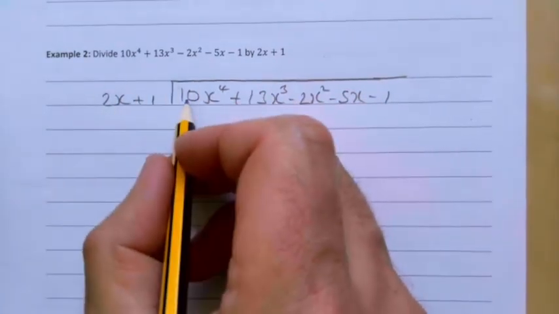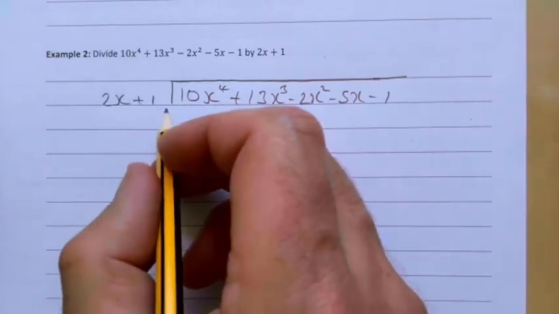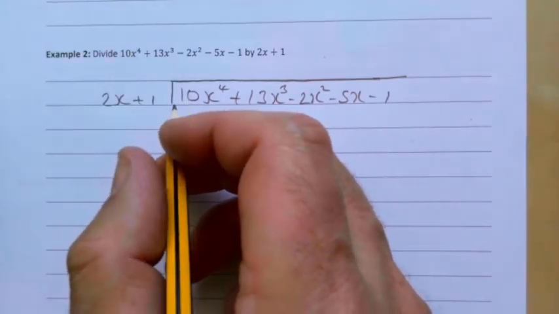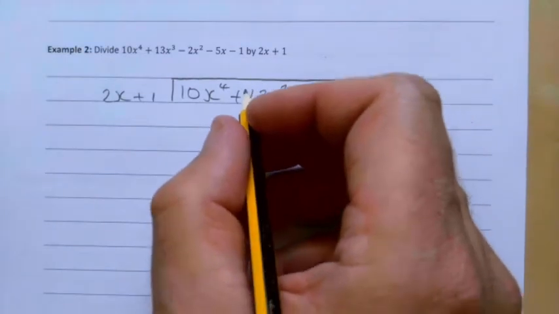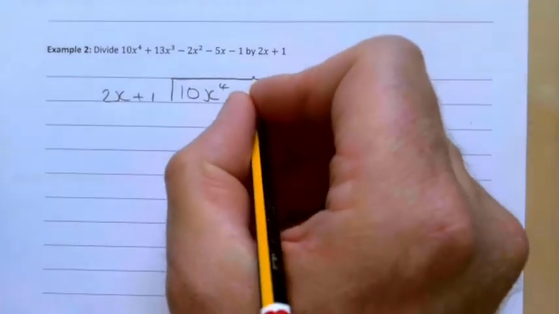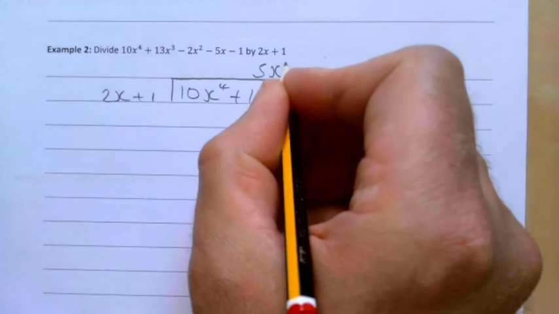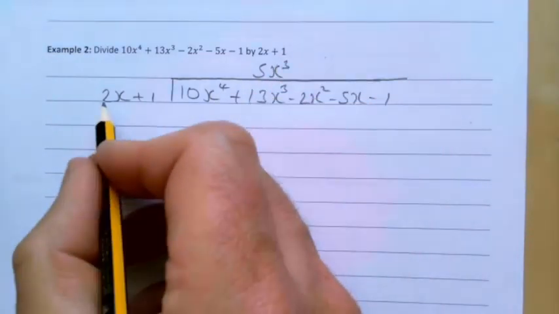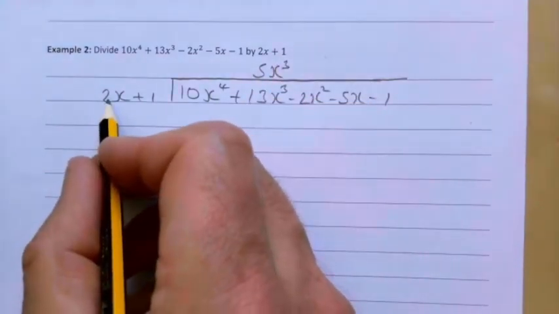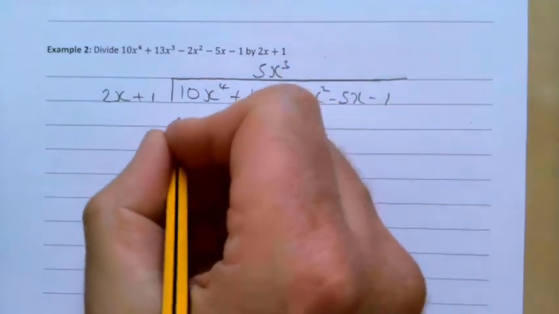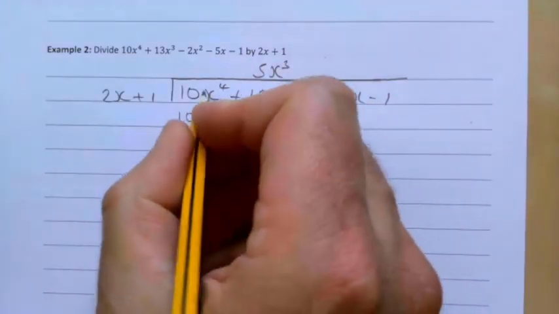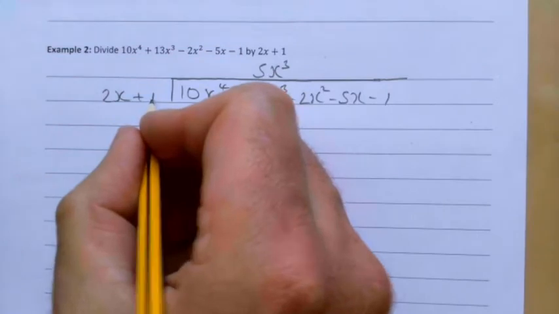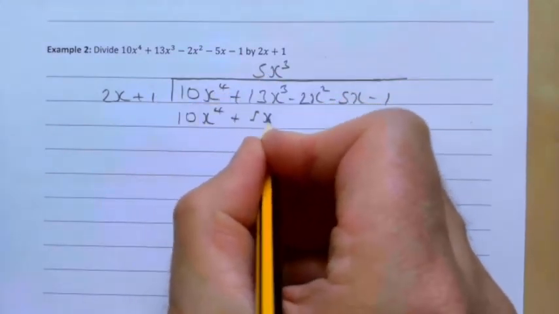Well, the 2 to the 10 is going to give me a 5, and it's going to be then x cubed. So 5x cubed. This then times this, 10x to the power 4. The idea is we should always get what's equal here, and then this times this is 5x cubed.